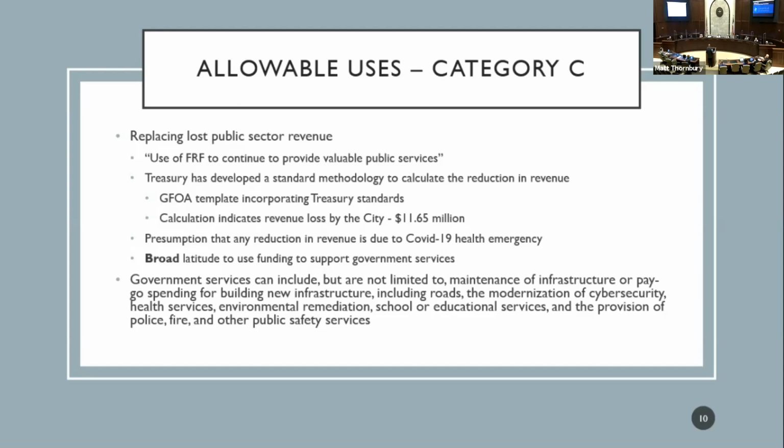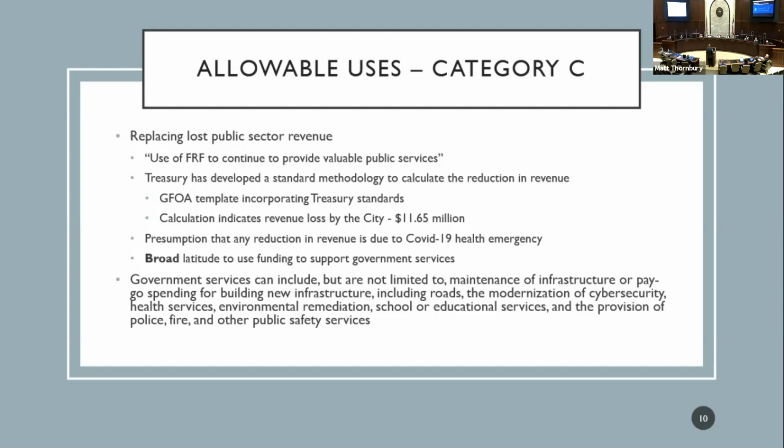Again, there's a broad latitude of use, and you'll see that spread out through the whole interim final report, is that there's a broad latitude of use as long as you're meeting the spirit of the stimulus, which is to provide support for those that were most impacted. And this last bullet point shows that just that wide range of use.